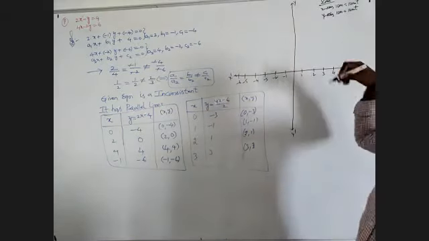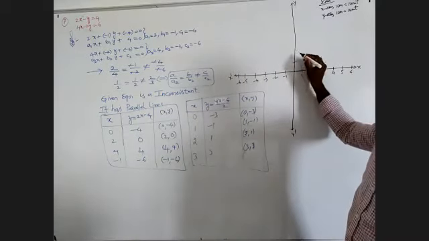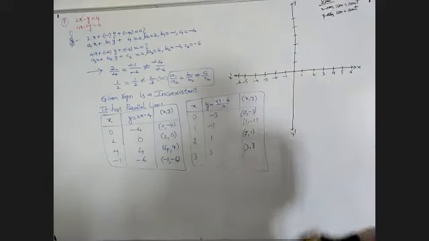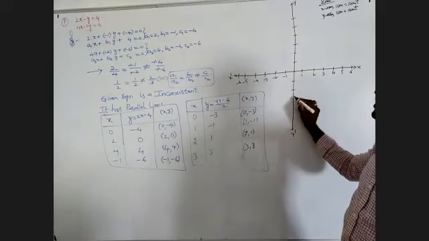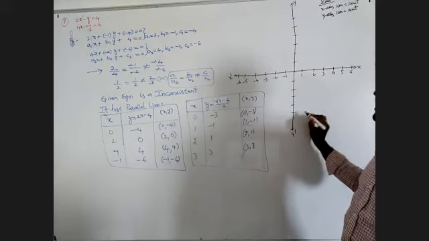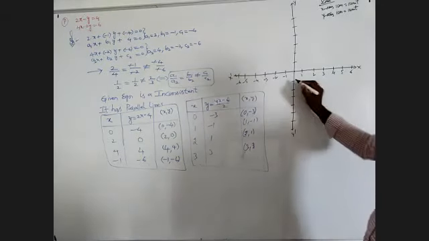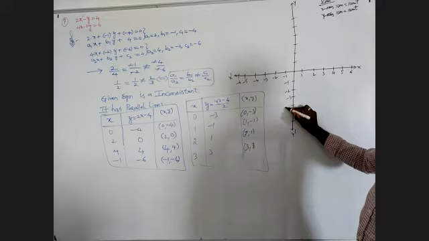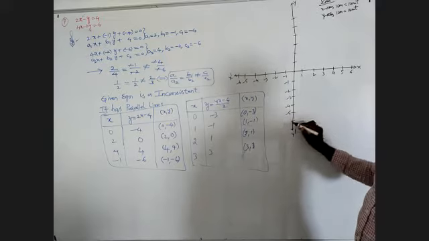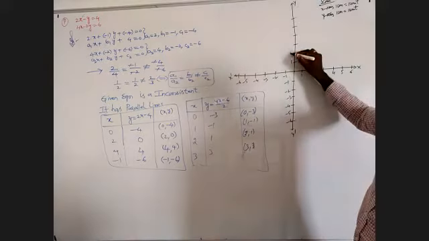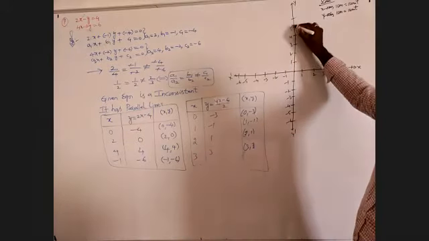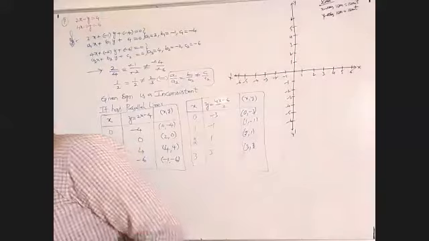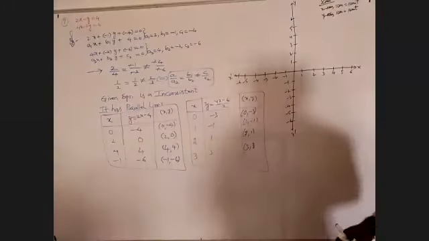So I have to take the same on the y-axis: 1, 2, 3, 4, 5, 6, and minus 1, minus 2, minus 3, minus 4, minus 5, minus 6. We have to plot their points. But first I have to take the first equation's points.